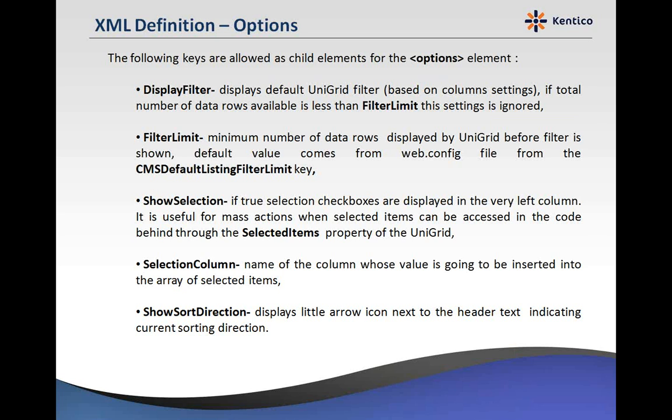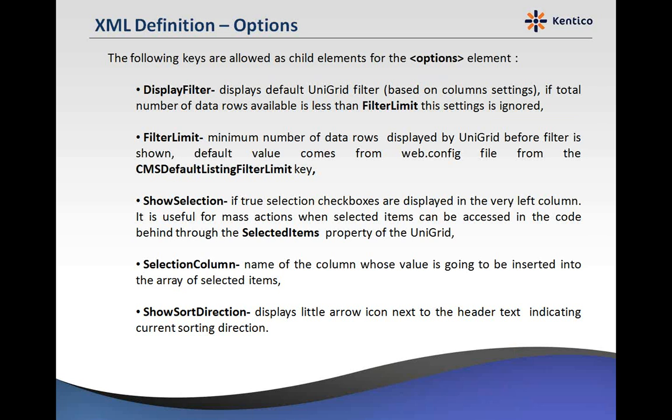The show selection allows you to display the selection boxes on the very left. We will take a look on how to use that. You can specify the selection column, that is the name of the column used as an item in the array of selected rows, which can be then accessed through the selected items property of the UniGrid.